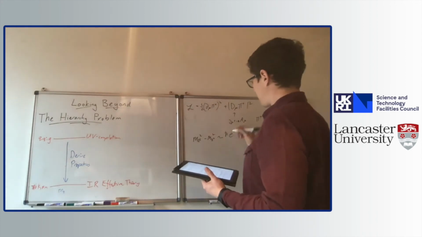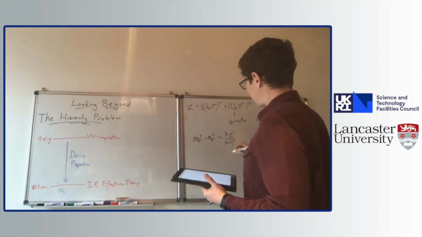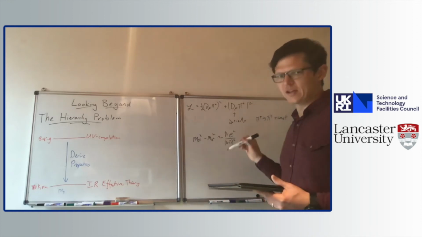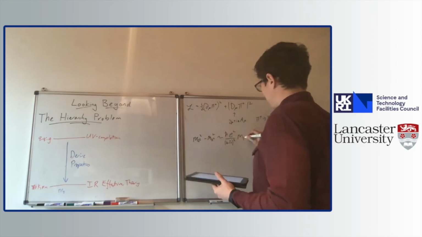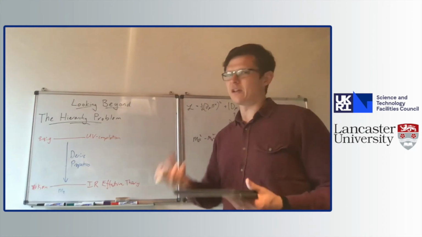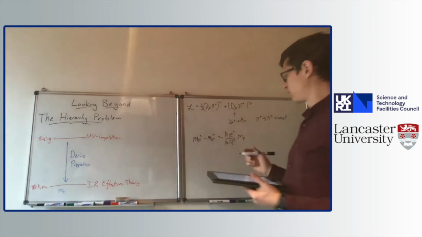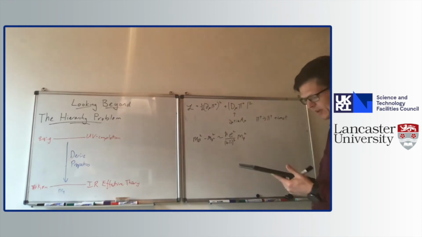Then an h bar turns that into a dimensionless quantity. 4 pi squared, because wherever we get an h bar, we usually get a loop factor. And then something like a mass scale squared. The only mass scale in the UV theory here is the QCD scale, so like around the proton mass or the rho meson mass. At the level of accuracy we're working, it doesn't matter so much.